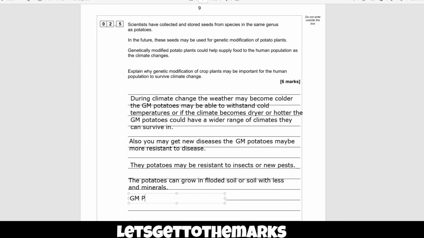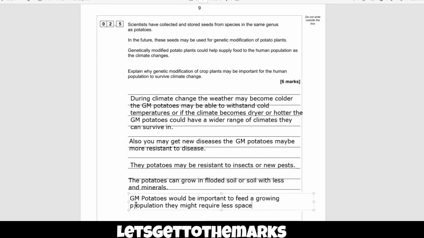Also, the GM potatoes would be important to feed a growing population. They might require less space. What are they doing with these potatoes?